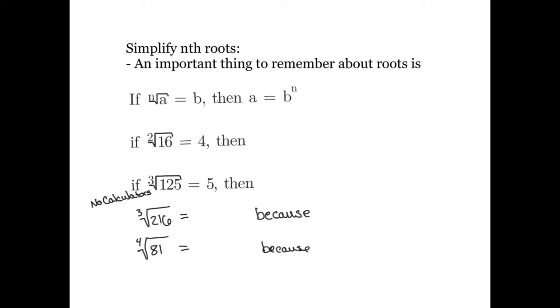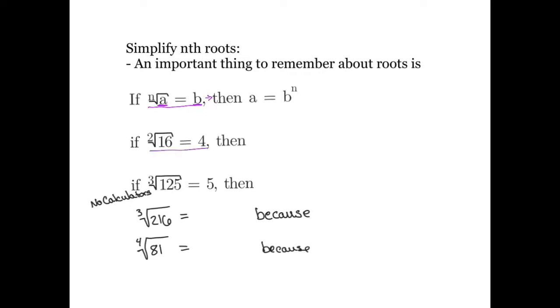Okay, so first of all, when you're simplifying an nth root, remember we talked about the nth root is basically finding where the radicand, this right here, is equal to the answer raised to the nth power. So basically all nth root problems can be rewritten in this form right here, where a, the radicand, is equal to b to the n power.